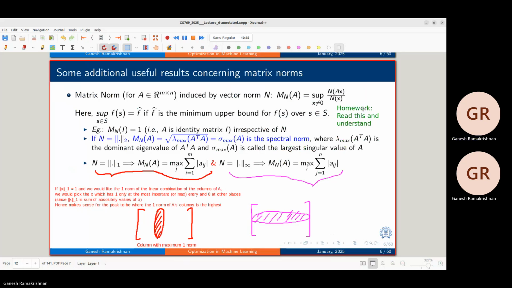So that is a special case, the max absolute lambda. If A is symmetric, then lambda of A transpose A is the same as lambda of A in magnitude. That's how the generalization works.